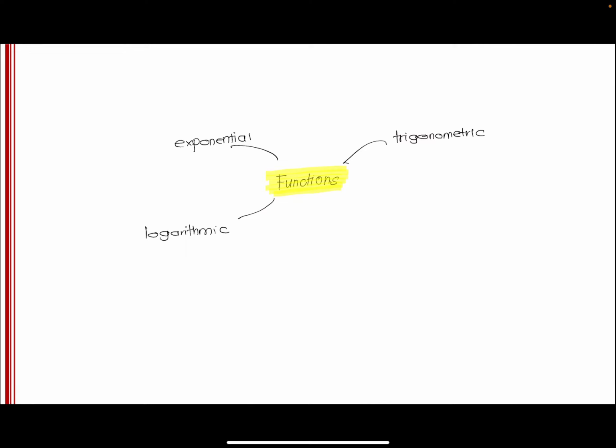In this course, we will focus on the hyperbolic function and the inverse functions, including inverse trigonometric functions and inverse hyperbolic functions.